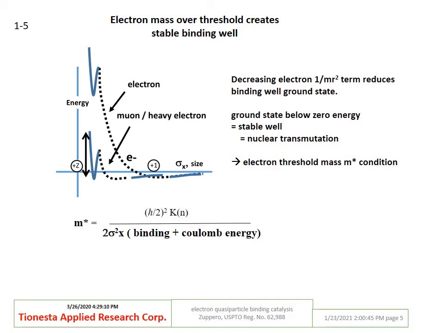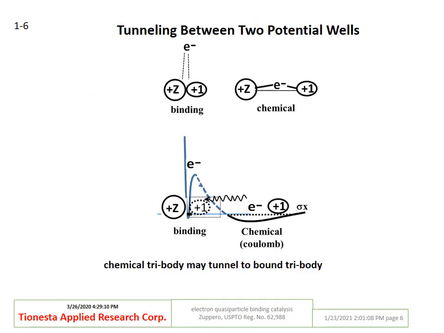When this happens, this defines the effective mass threshold. The second potential well at nuclear dimensions has only the ground state stable. It forms when mass exceeds a threshold.